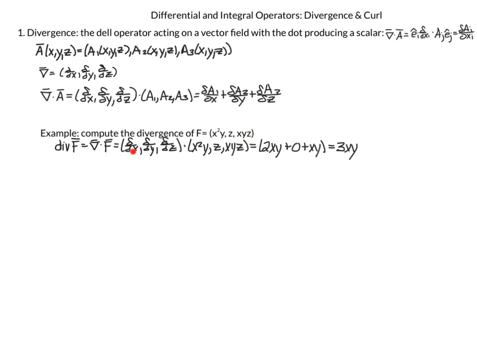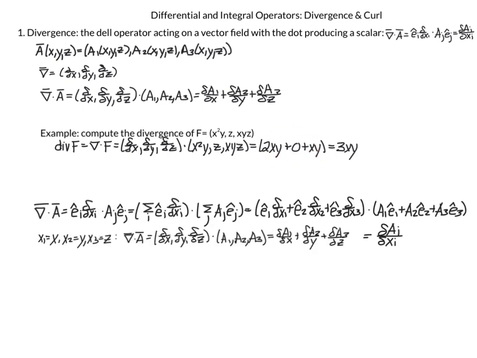So the partial derivative of our f1 with respect to x is just 2xy. Our partial derivative of our second coordinate with respect to y is 0, and then our partial derivative of our last coordinate with respect to z is going to be xy. So our final dot product, when we sum this up, we get 3xy.